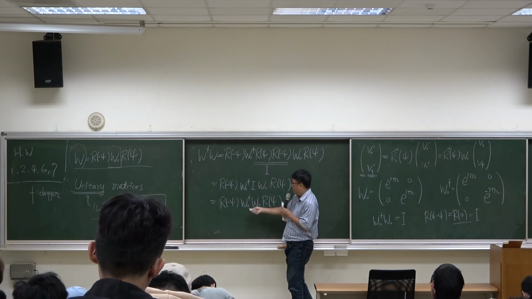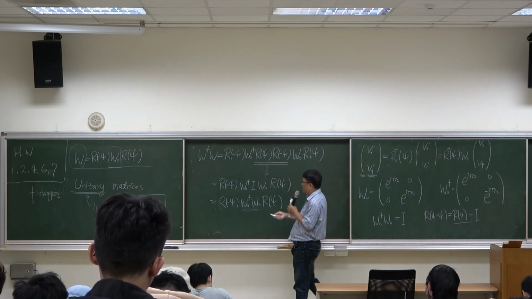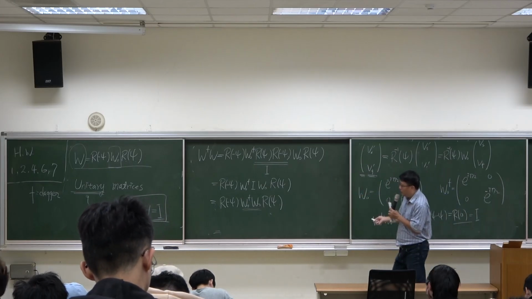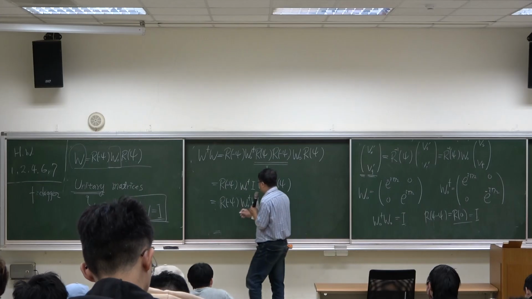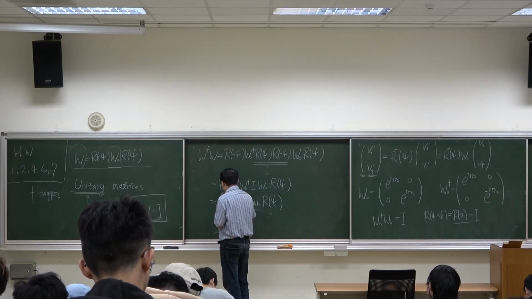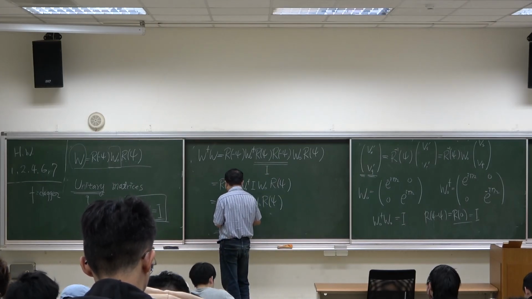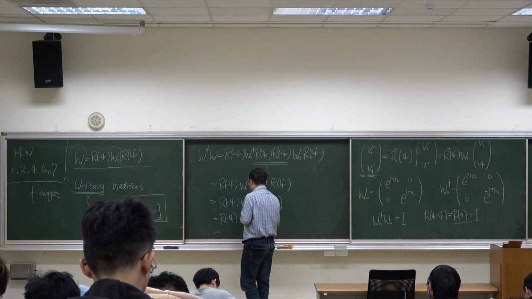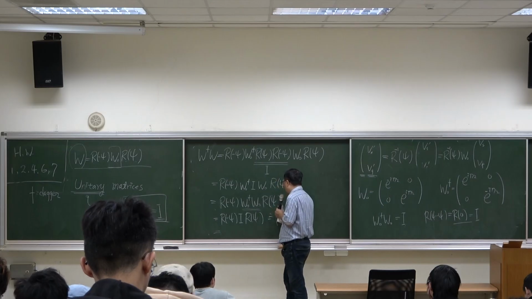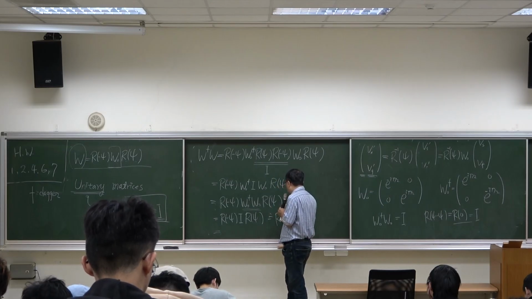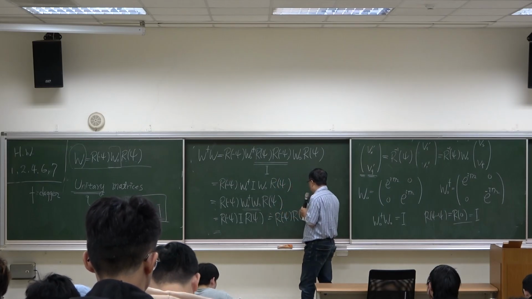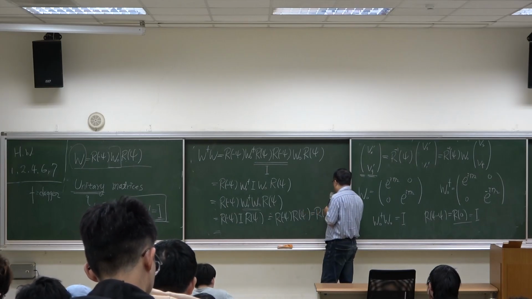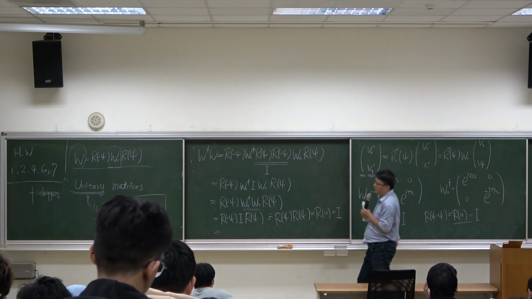Okay? And the product of W0 dagger and W0 is equal to the unit matrix. So this is R minus psi I R psi. And this is R minus psi times R psi, and this is R0, which is I.